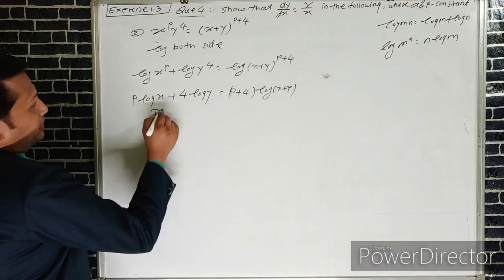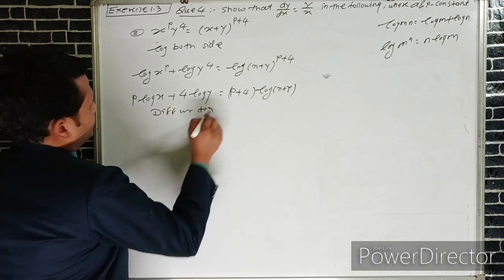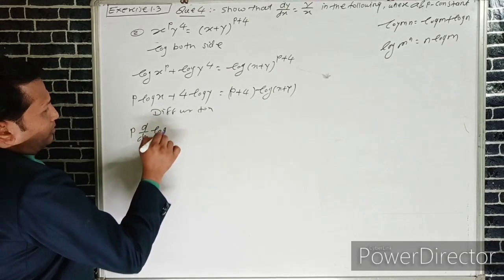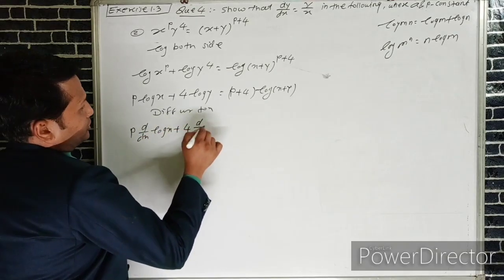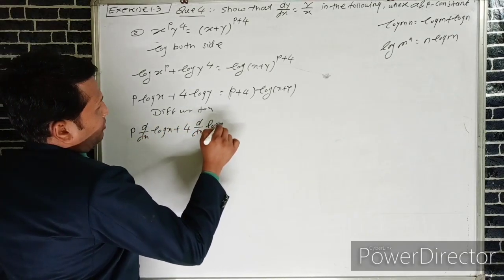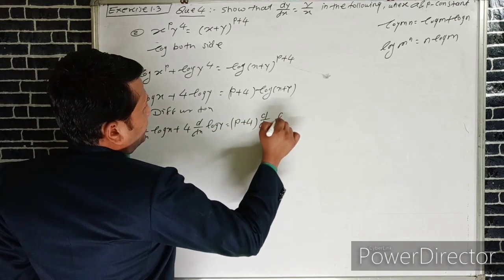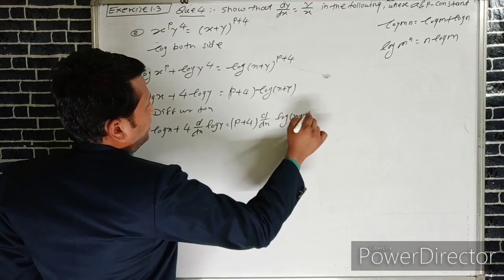Now if we differentiate with respect to x, then we can write p into derivative of log x, p is constant, 4 is constant, derivative of log y, p plus 4 is again constant, we can take a derivative of log of x plus y.